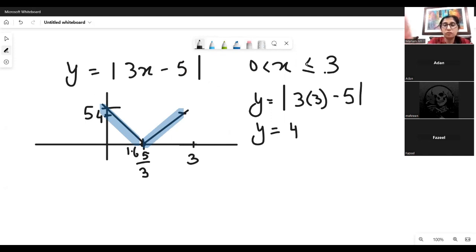And then you might also be asked to find the range of the function. State the range of f(x), range of y.